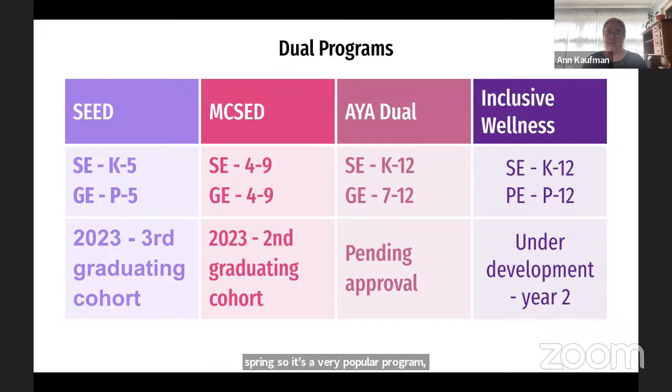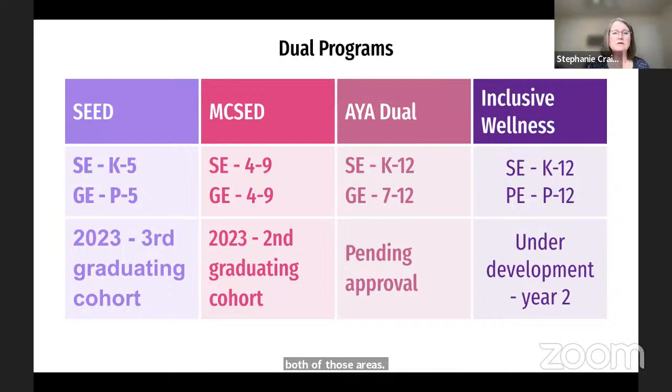The students will have their license in special education K-12, and also the general education license in either science and math, the STEM track, or English and social studies, the humanities track. They choose which content track they want, but the special education portion is the same for both. So that's the middle childhood program.